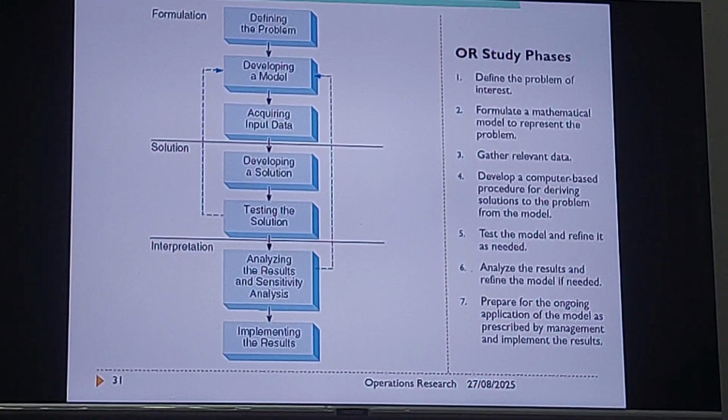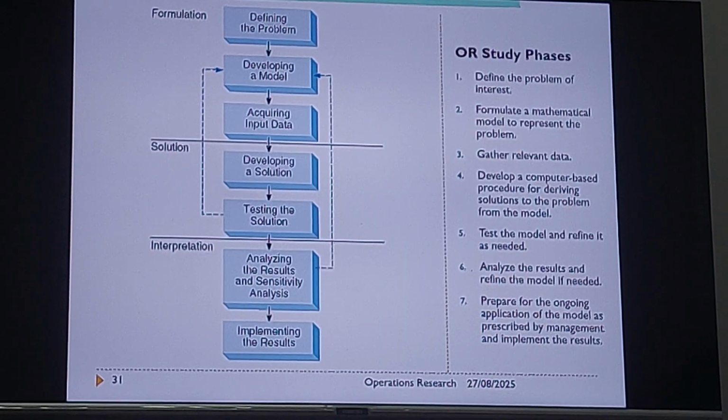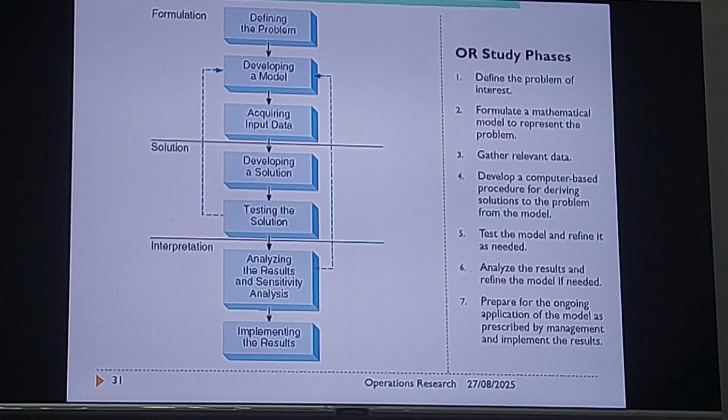Define the problem, find what the problem is, develop a model using a mathematical model, find the data you need to run the model, and then find the solution that you want to have. Check, test, analyze, and we have the sensitivity analysis to see what happens to the result if something changes, and then actually implement.